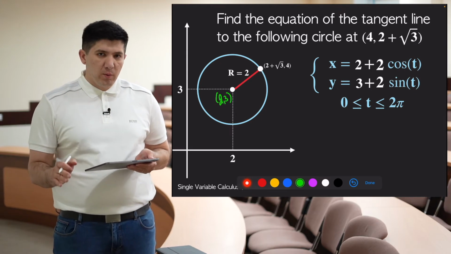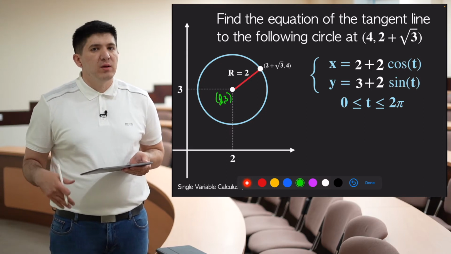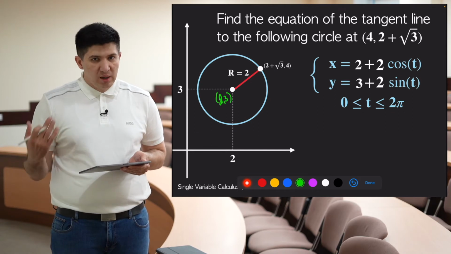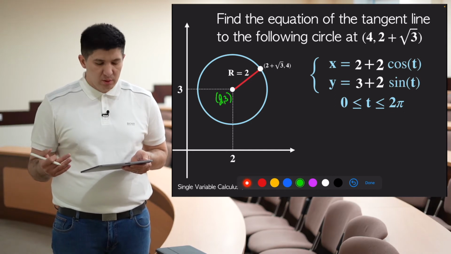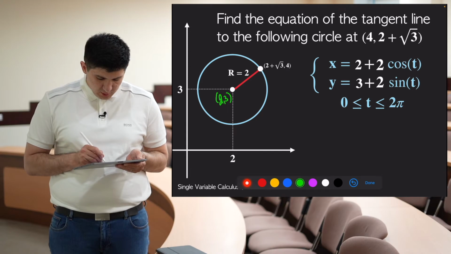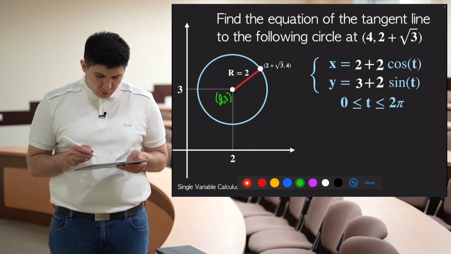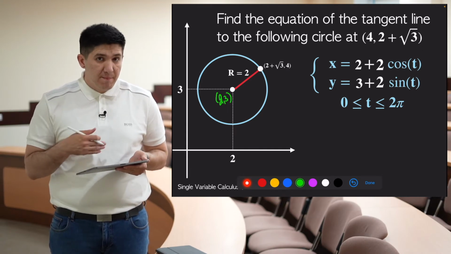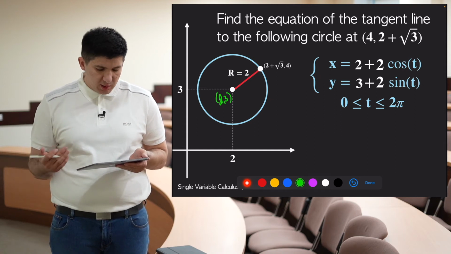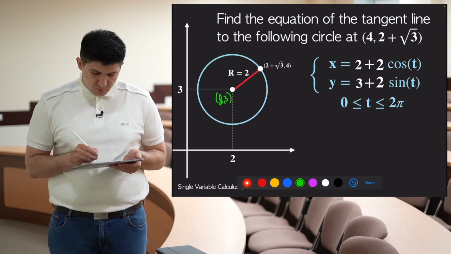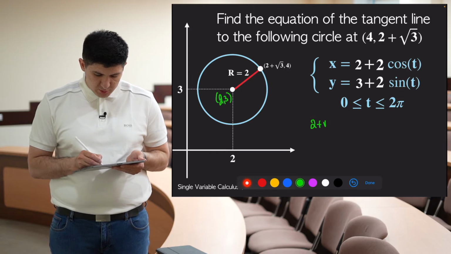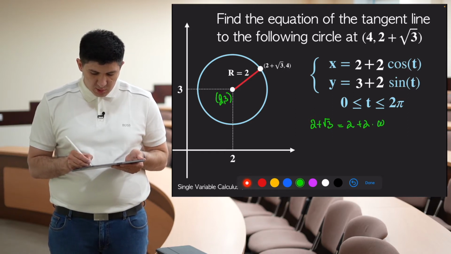First of all, I need to find the value of the parameter t which gives me the coordinates of this point. In order to do this, I'm just going to substitute the coordinates of this point into one of these equations. Let's do this for x. So 2 plus square root of 3 is equal to 2 plus 2 times the cosine of t.